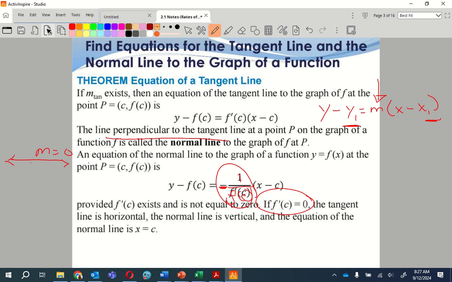So if it's that, now, what is that one going to be? Undefined.